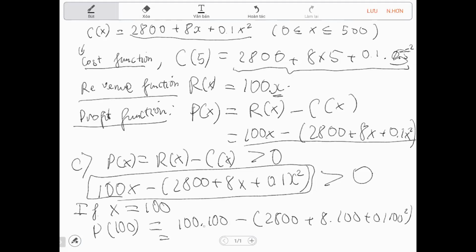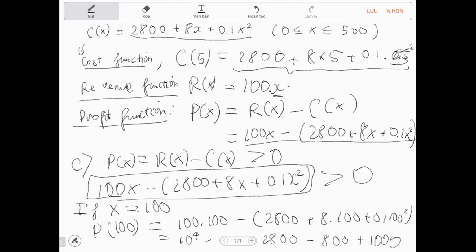So this is 10 to the power 4, minus 8,000, minus 800, and minus 1,000.